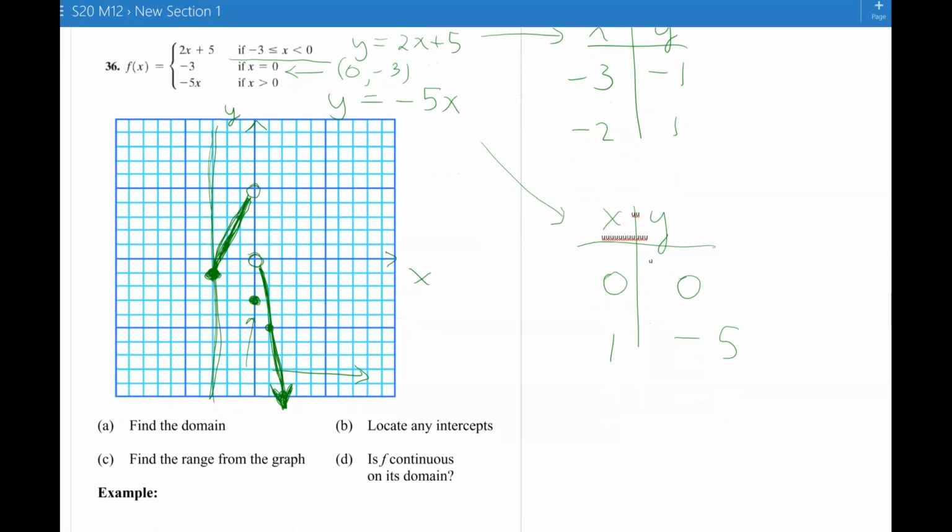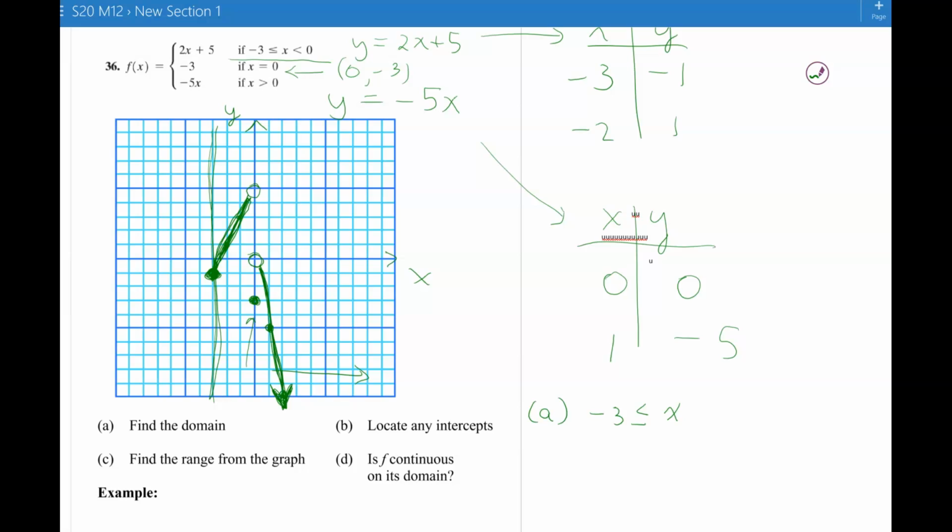So let's talk about the domain here. So the domain is all the values of x that have values of y on the function. So -3 is included. There's a point on the graph there. 0 is included because there is a point on the graph. And then it keeps on going forever, so x is less than infinity.